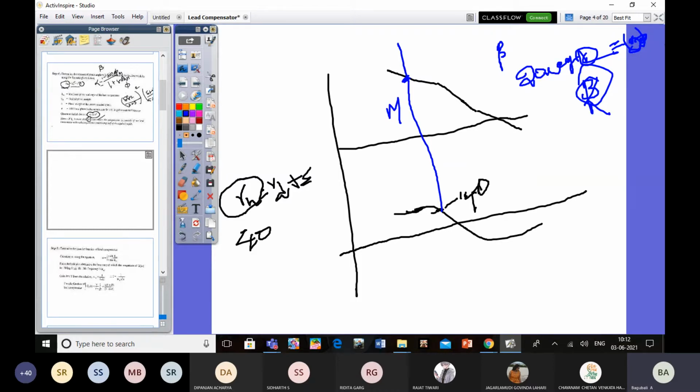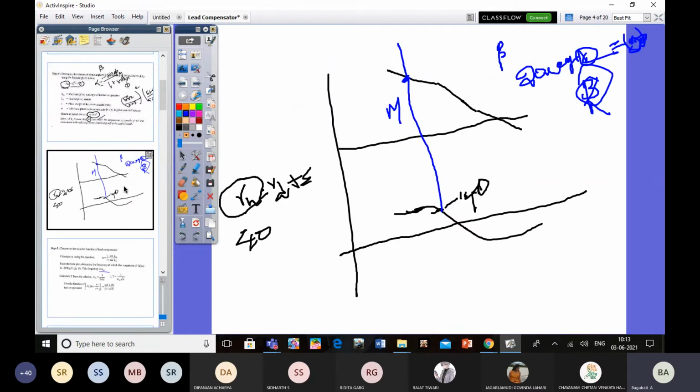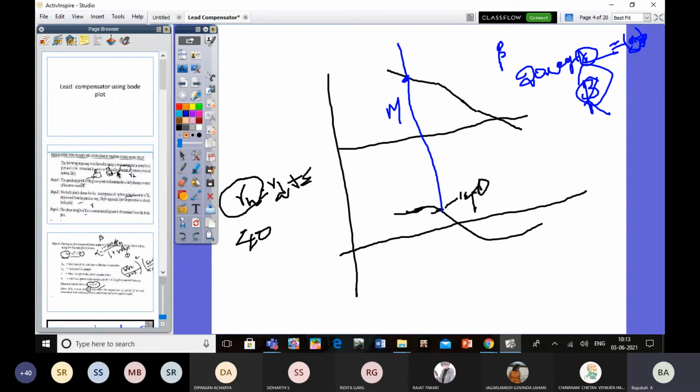From the gain we can determine the magnitude value, and the frequency where it intersects for that magnitude is called omega m. Do you understand what I am saying? Able to follow, dear? Are you able to follow or not?